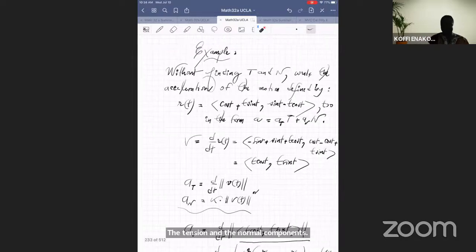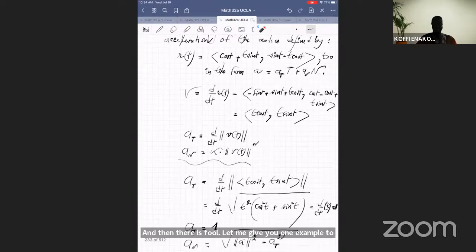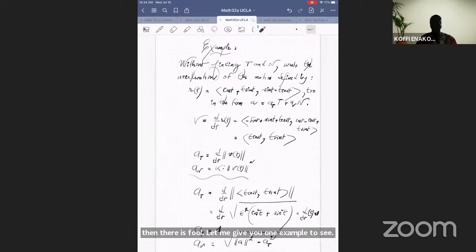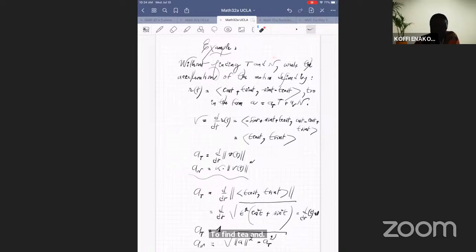Let me give you one example to see how we can explore this further. In this assignment, your task is not to find T and N, but to find the acceleration of this motion and write it in tangential and normal components.